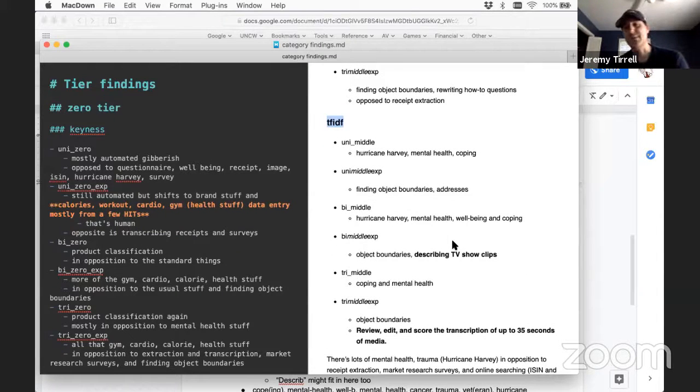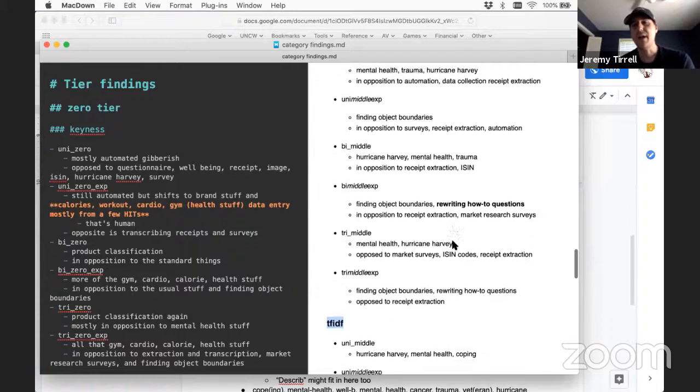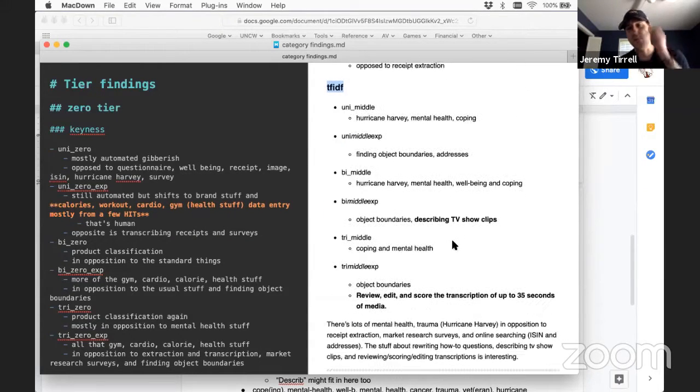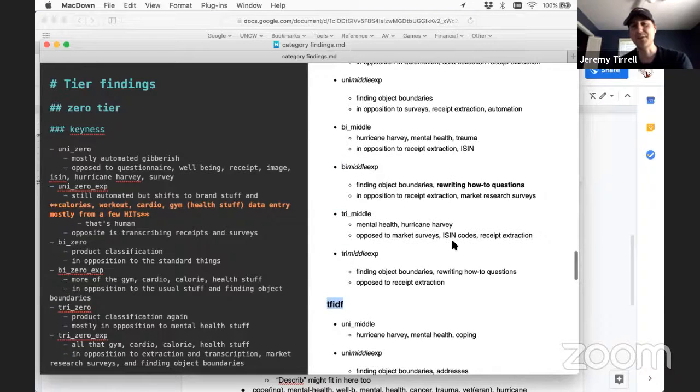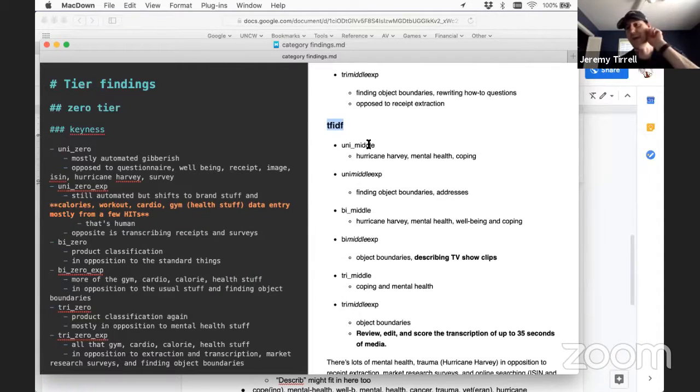The way I proceeded is I looked at keenness first, and then I looked at Tf-Idf. So a lot of times when looking at Tf-Idf, I was confirming, okay, this is what I was seeing in keenness. Sure enough, those same things are popping up, and then noticing when things didn't.